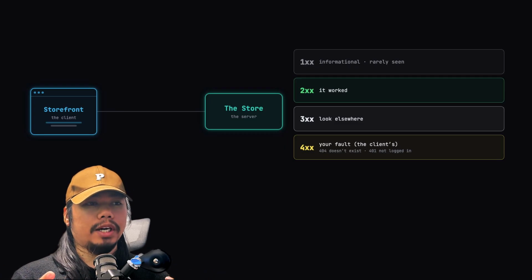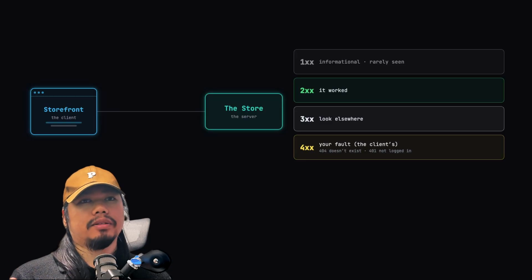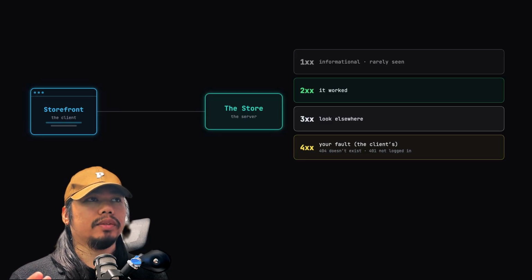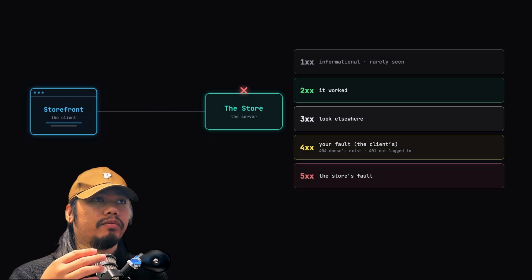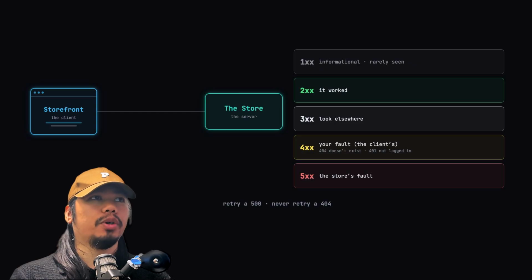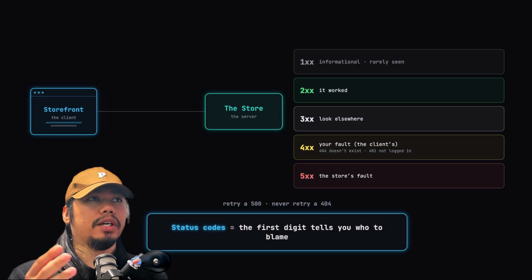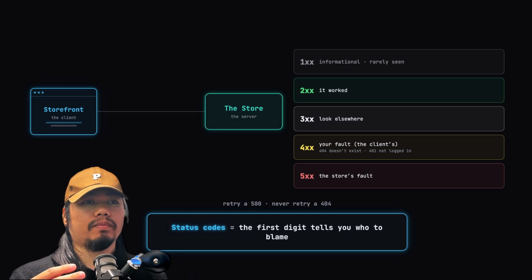A 401, you're not logged in. And last is a 500. 500s are the server's fault. For example, the server broke and nothing you sent caused it, so it's not your fault.